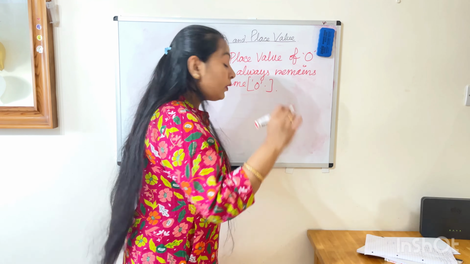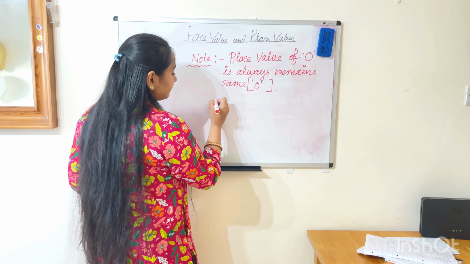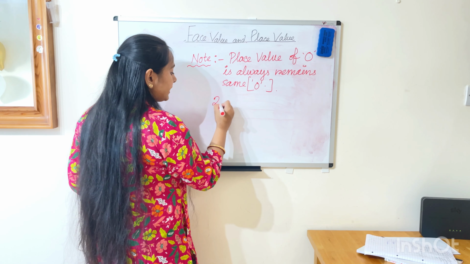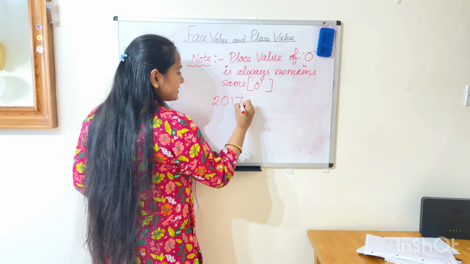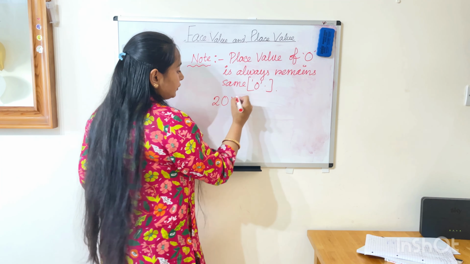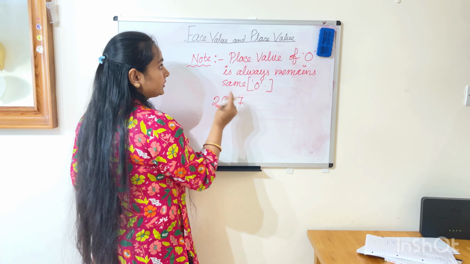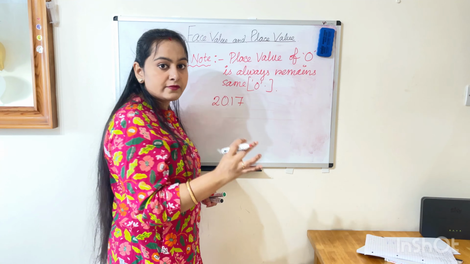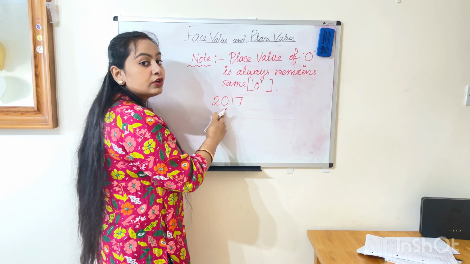Why? Now let me explain. Suppose a number is 2017. So 0 is at which position? We are trying to find out the place value of 0 over here. 0 is at which place?